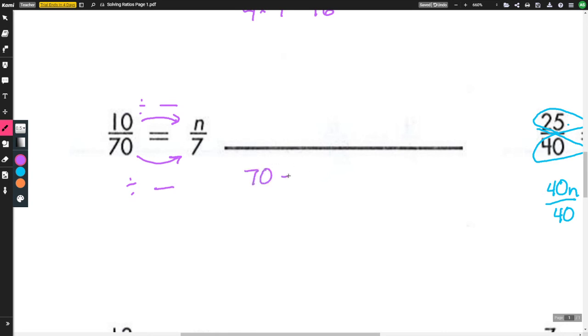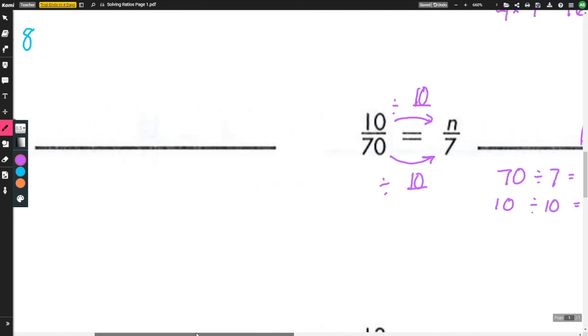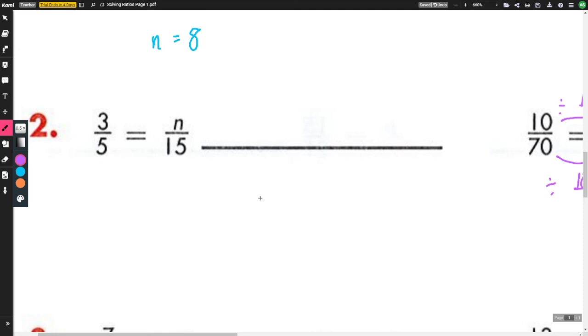Well, 70 divided by 7 equals 10. So 10 goes here, 10 goes up here, 10 times 10. Nope, 10 divided by 10, we're dividing, is 1. There we go.